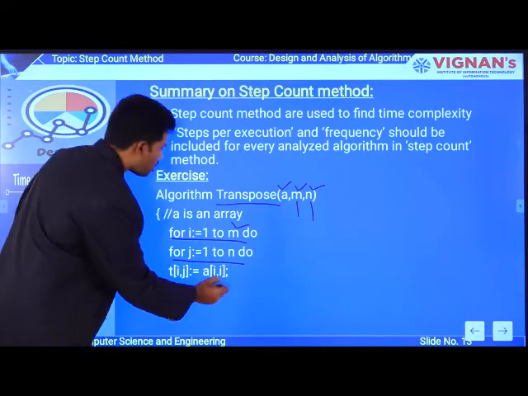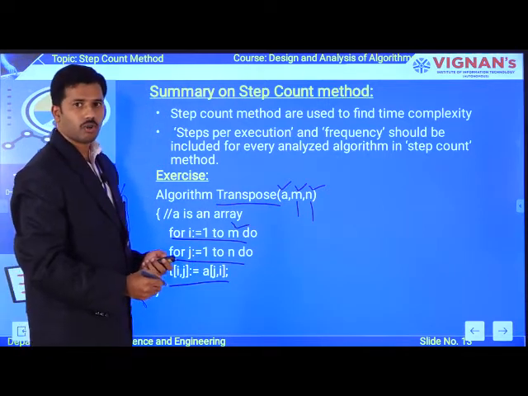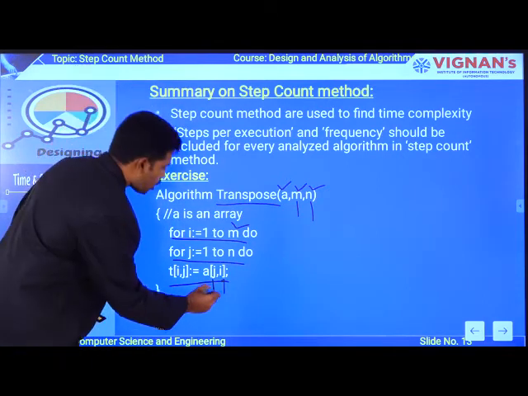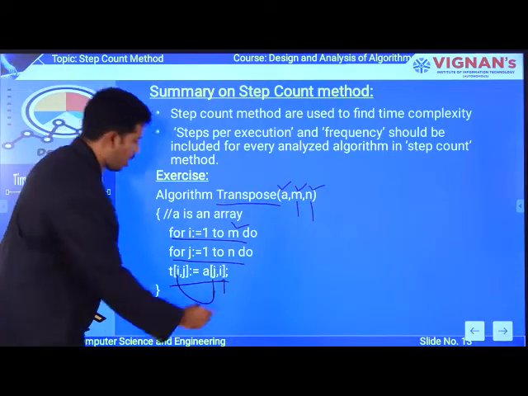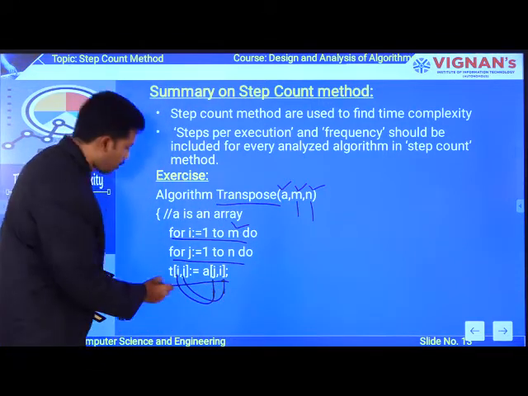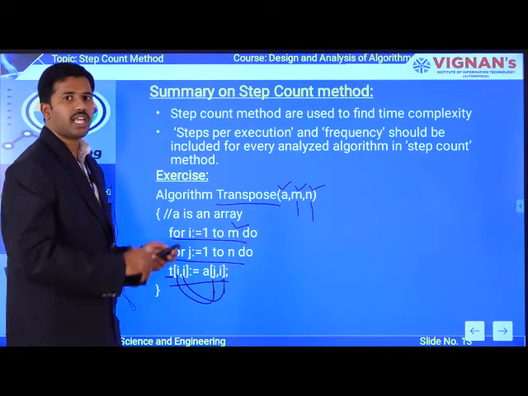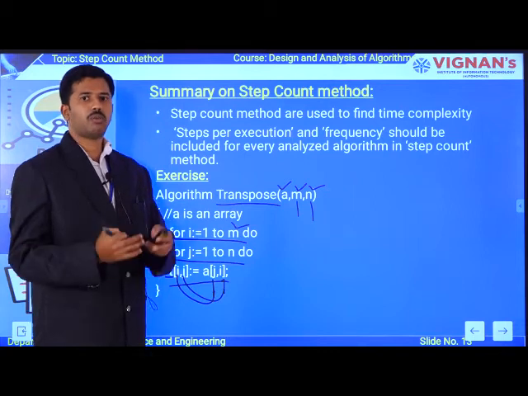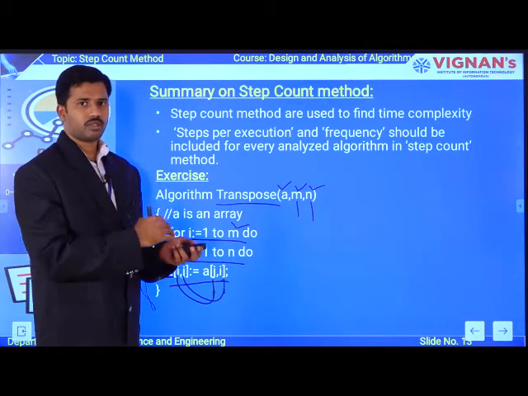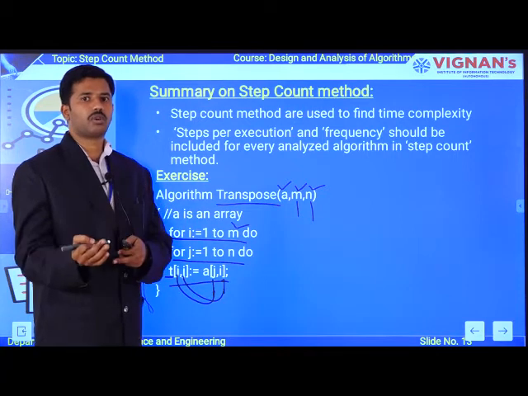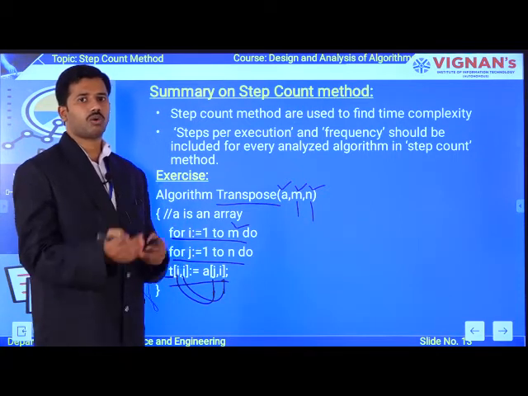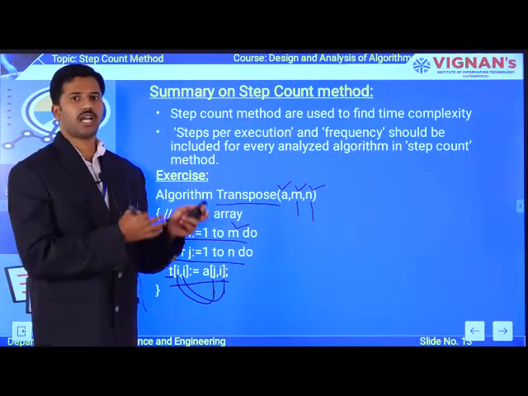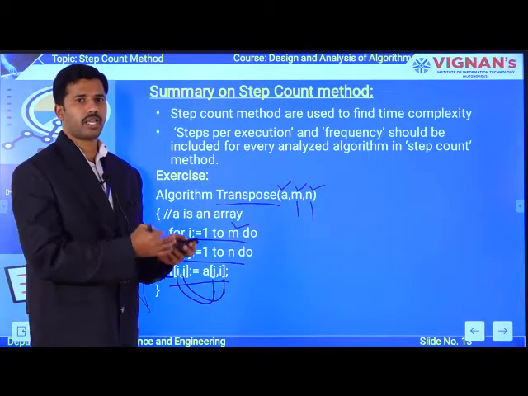The main logic inside these two for loops is that the rows and columns of the input array are converted to columns and rows in a temporary array T. So the rows and columns of A will be changed to columns and rows of T.